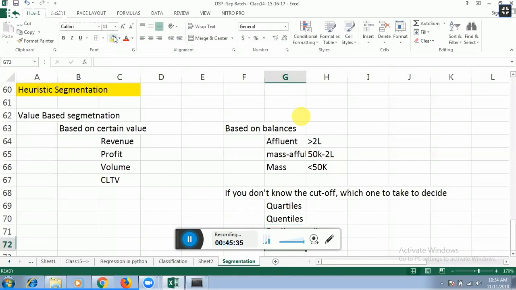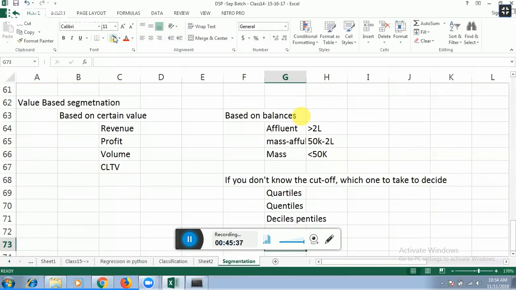So okay, I have customer data and I have balances. I will divide the data into 5 groups or maybe 10 groups. Does that make sense?